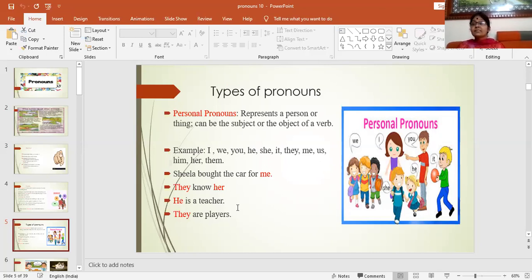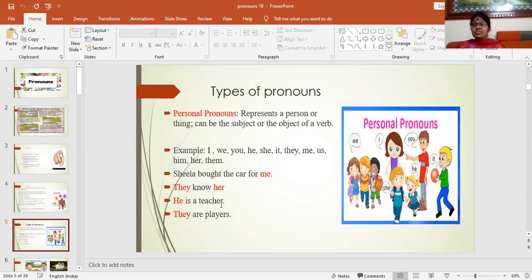Now let us understand how we can use these personal pronouns in a sentence. Sheila bought the car for me. Now as we read in our definition, the personal pronoun can be subject or object. Here, the pronoun is an object. They know her. It is a subject as well as object.